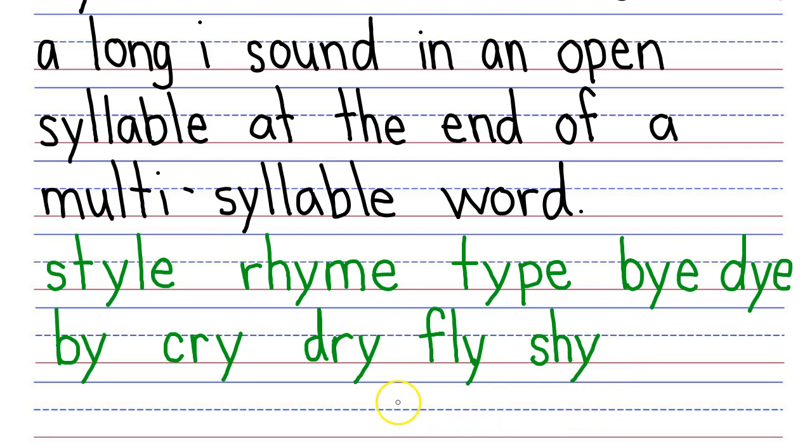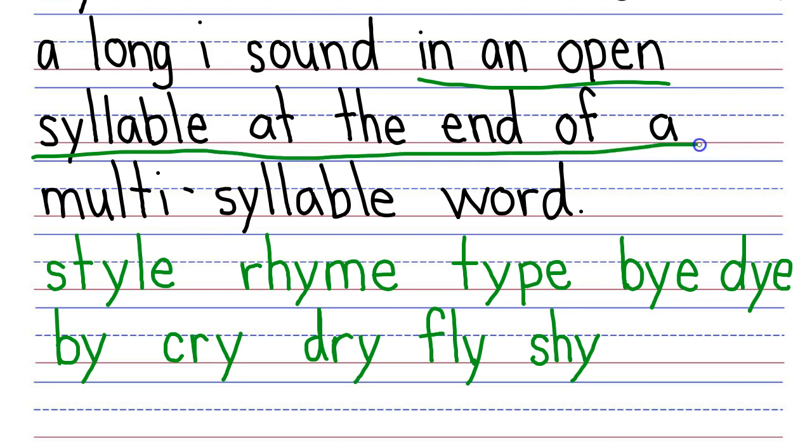And then the final category of words where letter Y makes a long I sound, I, is in an open syllable at the end of a multi-syllable word. So shy is an open syllable in a one-syllable word.